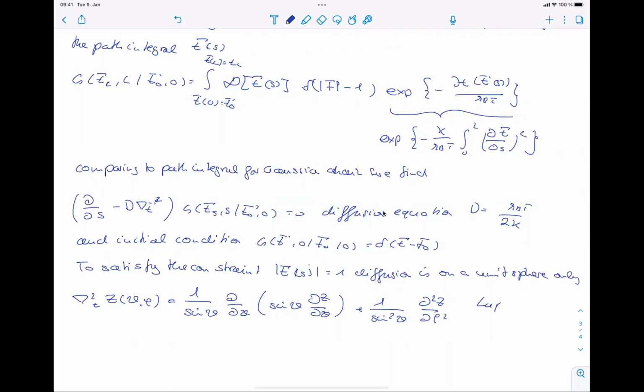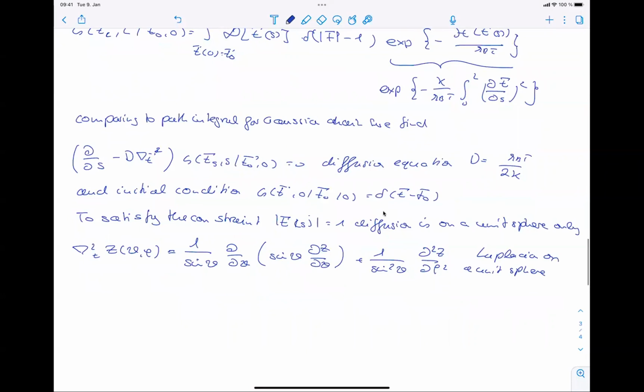So that's the Laplacian on a unit sphere, which you have seen before. Again, there's a limited amount of equations we can solve. Diffusion equation is luckily one of them.